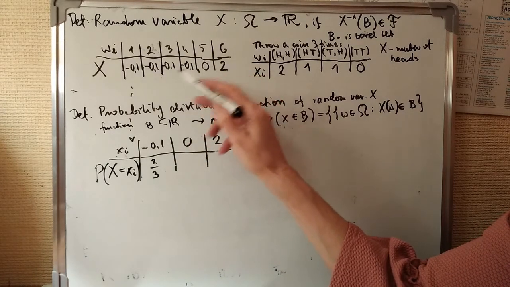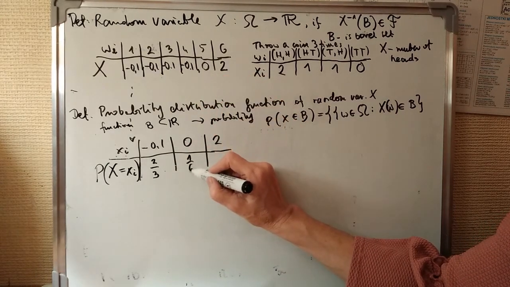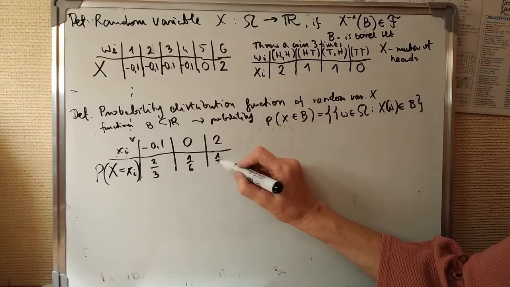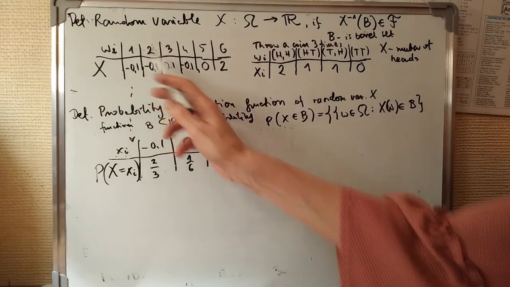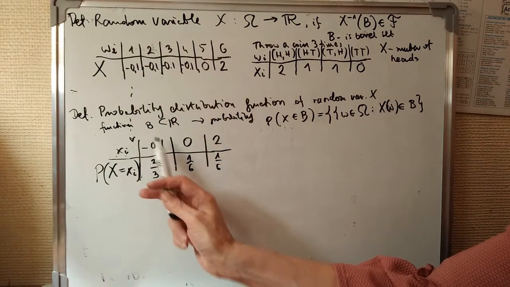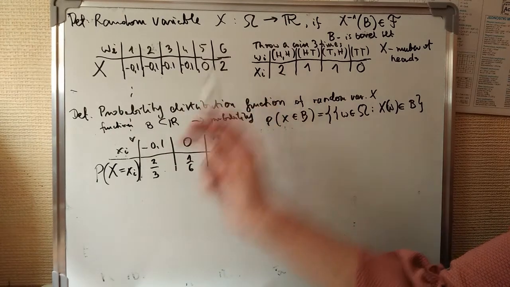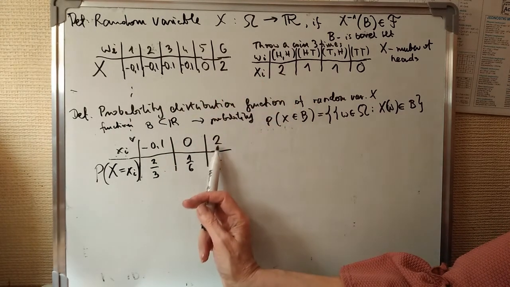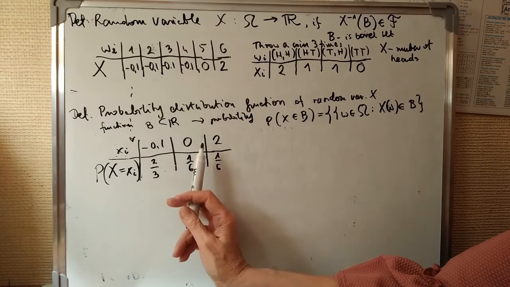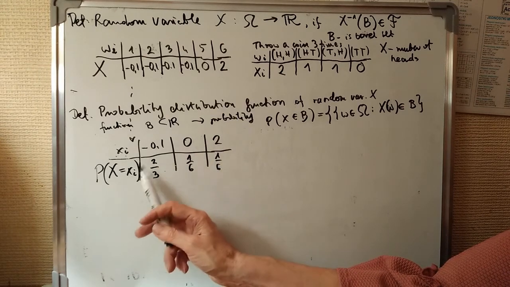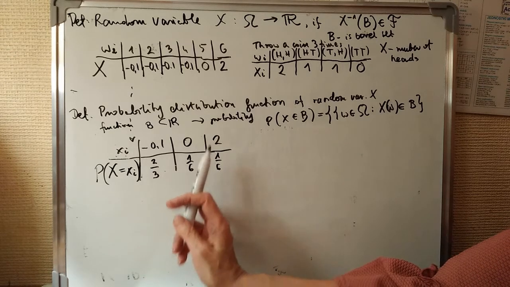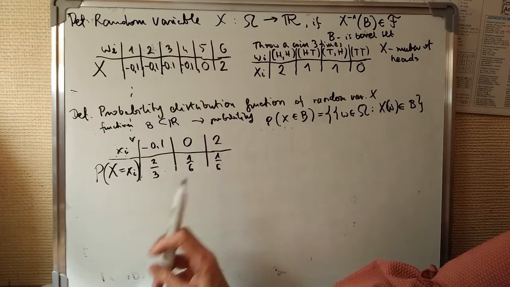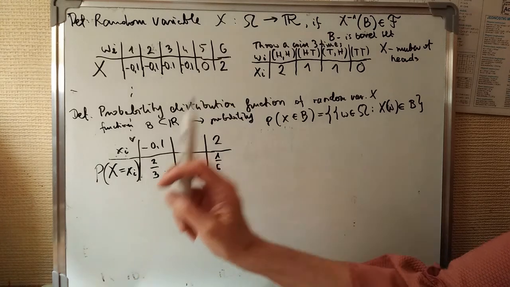This is 1 out of 6, so this is 1 over 6. And this also is 1 over 6. So those outcomes are represented by number minus 0.1. This is represented by 0, and this is represented by 2. These are the values of random variable, and probabilities are the following. So this is the probability distribution function of this random variable.